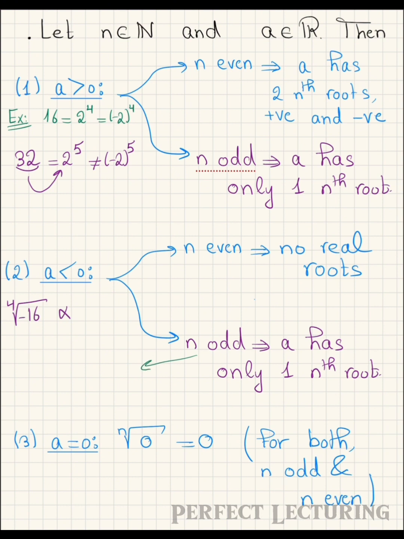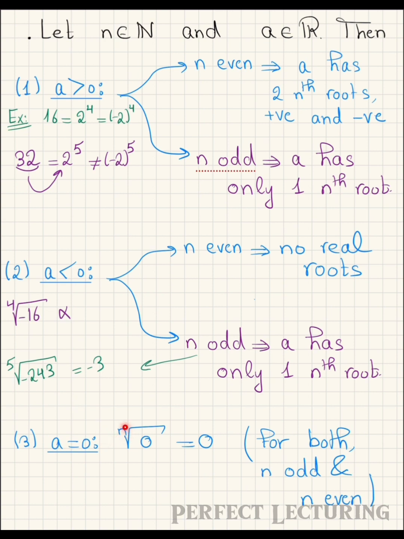But if n is odd, that is possible. For example, we might have something like the fifth root of minus 243. And this is possible because we do have a number whose power of 5 is equal to negative 243, and that's minus 3, because minus to the power of odd is minus.